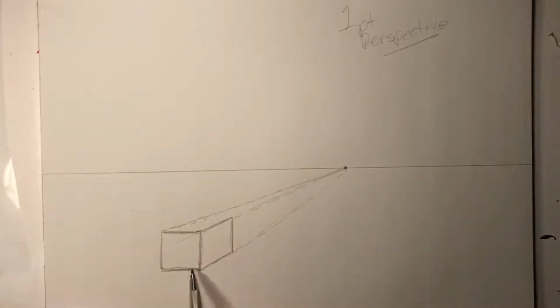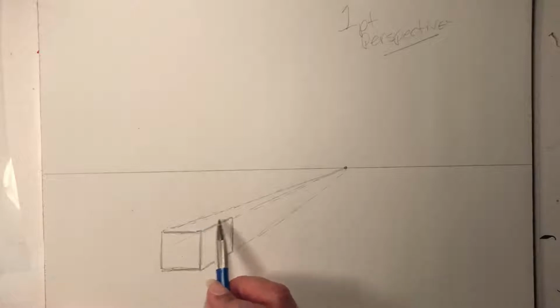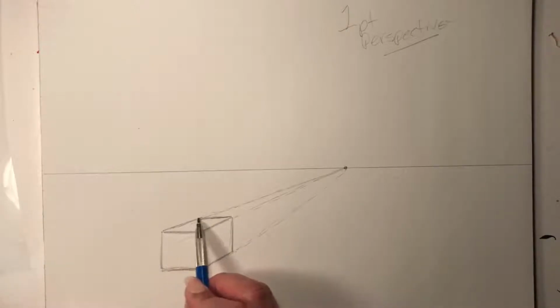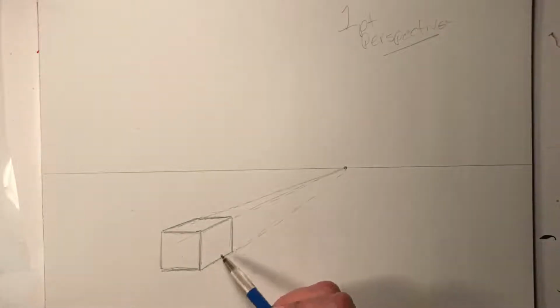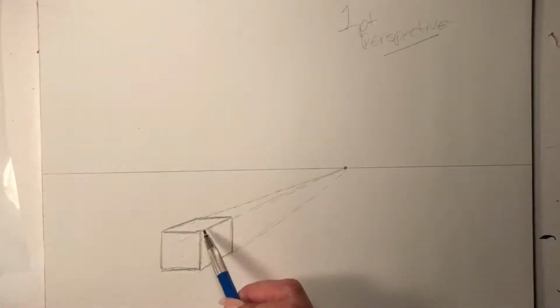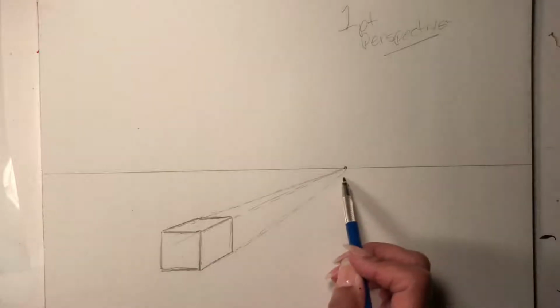Now that I have my front panel and my side panel, I need my top panel to close in here. So we have another horizontal back here, and then we're going to have another angle on that side. So basically with an opaque box, you're going to have 1, 2, 3 diagonal converging lines to a vanishing point.